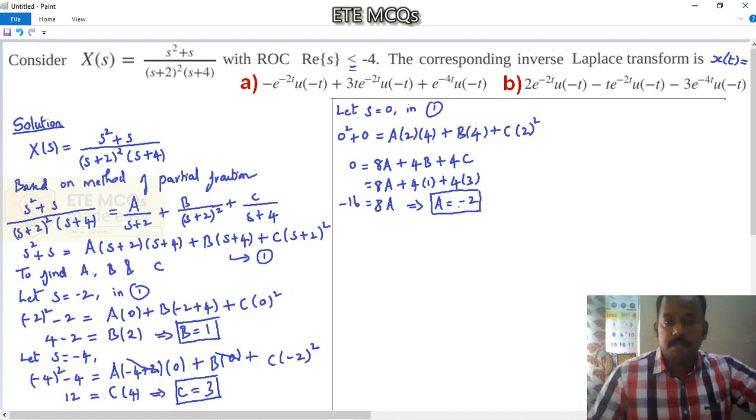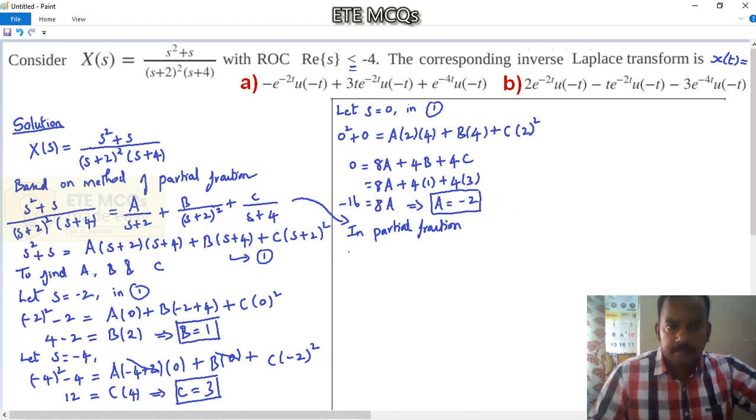Now you can substitute a, b and c in the partial fraction.